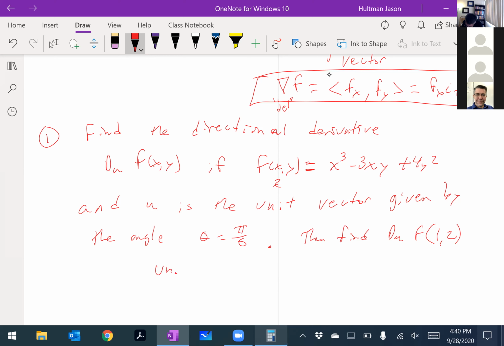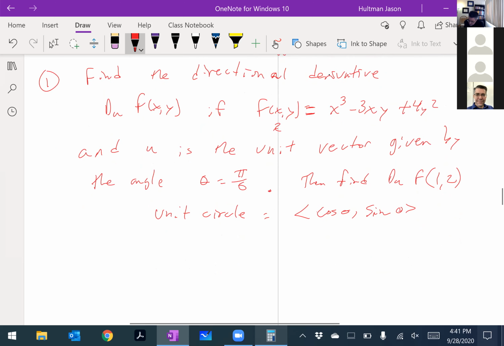It would be cosine theta, sine theta. That's kind of cool. This vector would give me the unit circle, parametrizing on theta. That's nice. I like what I've done there.